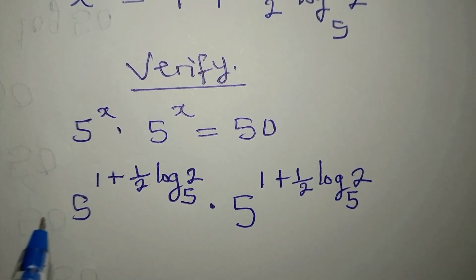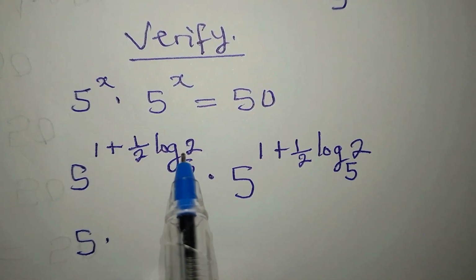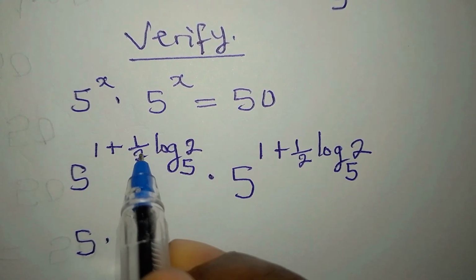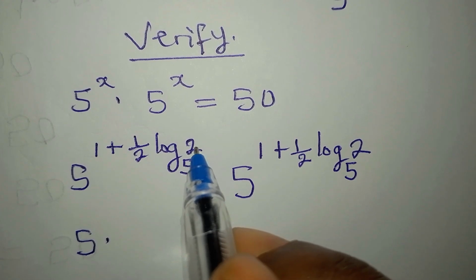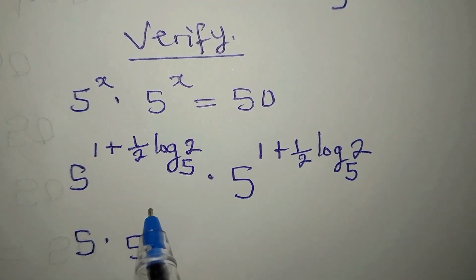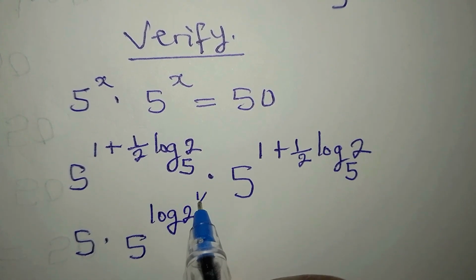If we multiply this, do we get 50 on the right? That is the question. 5 to the power of 1 is 5. Then multiply by, I'm introducing a law, the power of 2 comes down, so we have 5 to the power of log 2 to the power of 1 over 2.